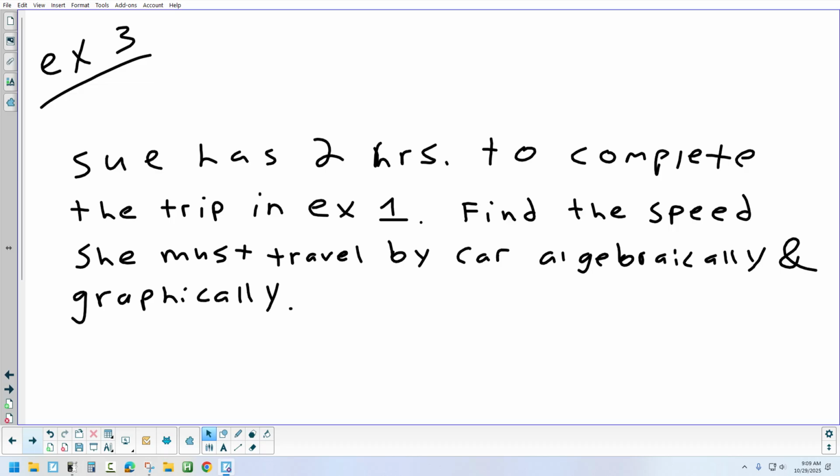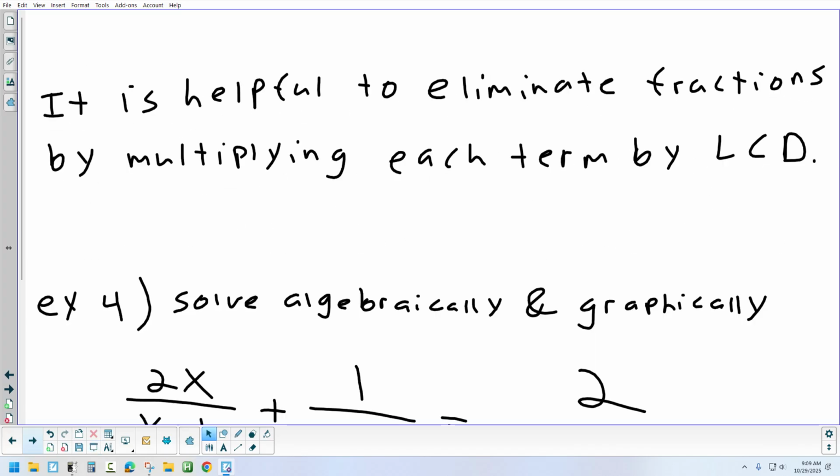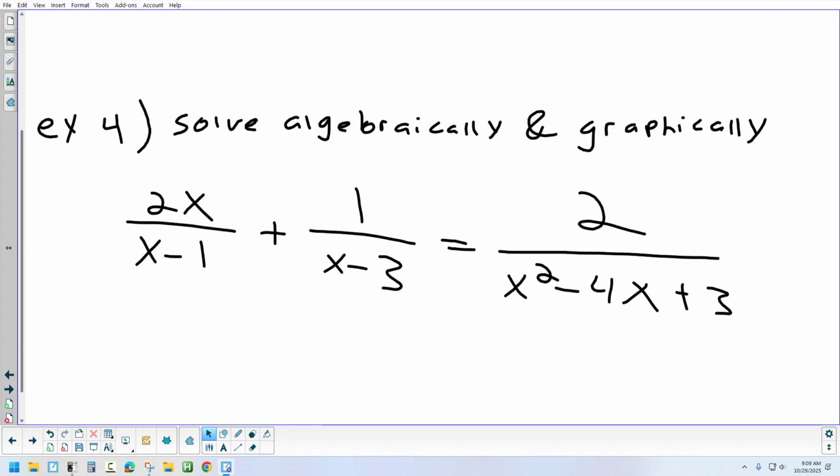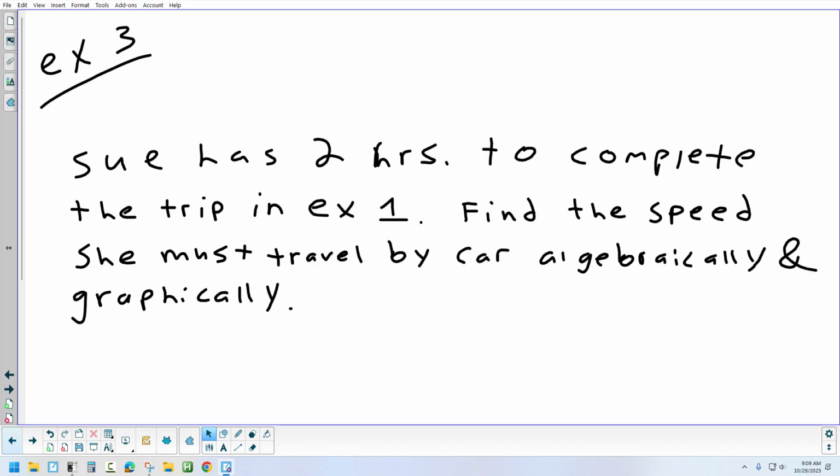Okay. So now it says Sue has 2 hours to complete the trip. Find the speed she must travel by car algebraically and graphically. We're going to do more algebraically. So let's do this one graphically, and we'll do algebraically later.